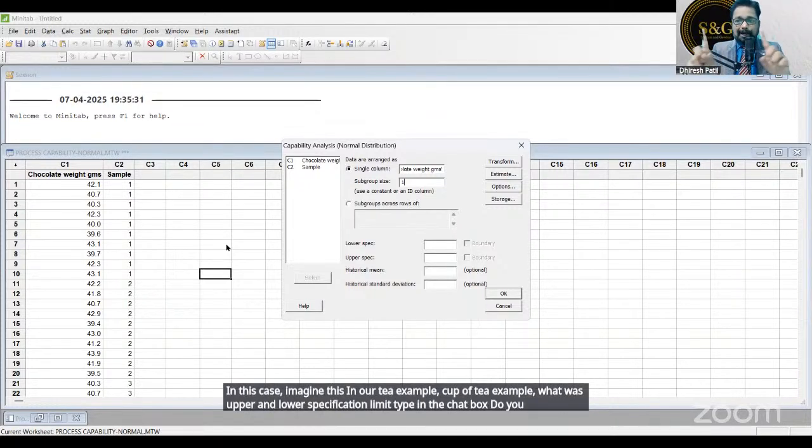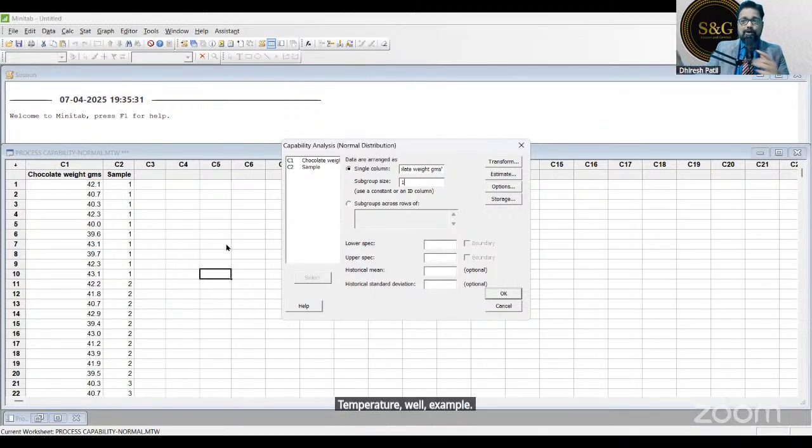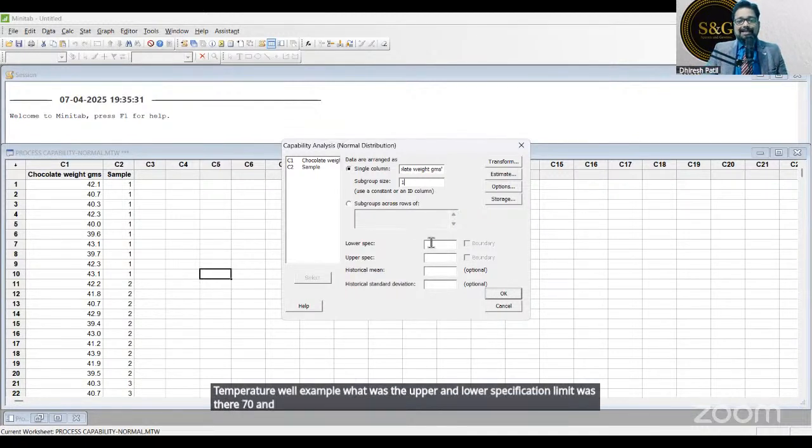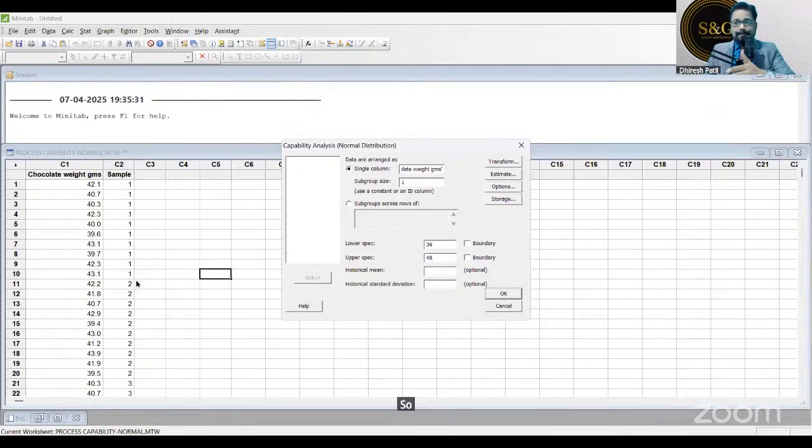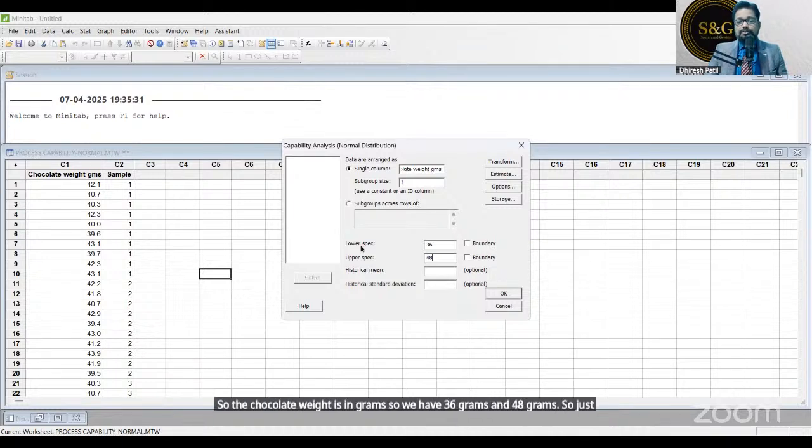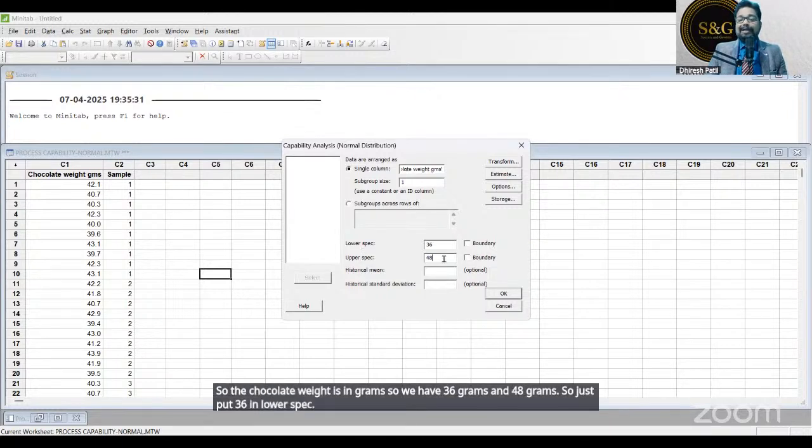In our temperature example, what was the upper and lower specification limit? 70 and 90, right? In this case, it is 36 grams and 48 grams. So write this down. The chocolate weight is in grams. So we have 36 grams and 48 grams. So just put 36 in lower spec and put 48 in upper spec. That's it.